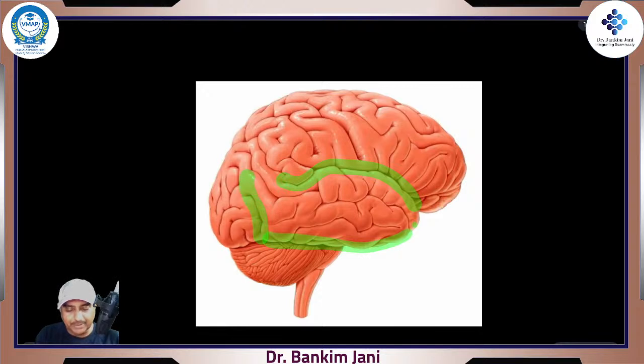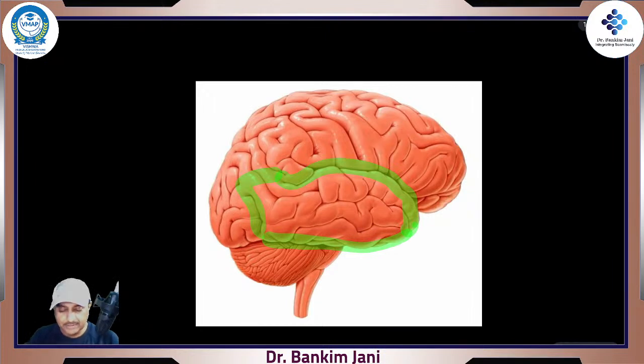and this would be the parieto-occipital sulcus, between the parietal lobe and the occipital lobe. This one would be the parietal and this one would be the occipital. So in between is the sulcus, this is like an imaginary line drawn.